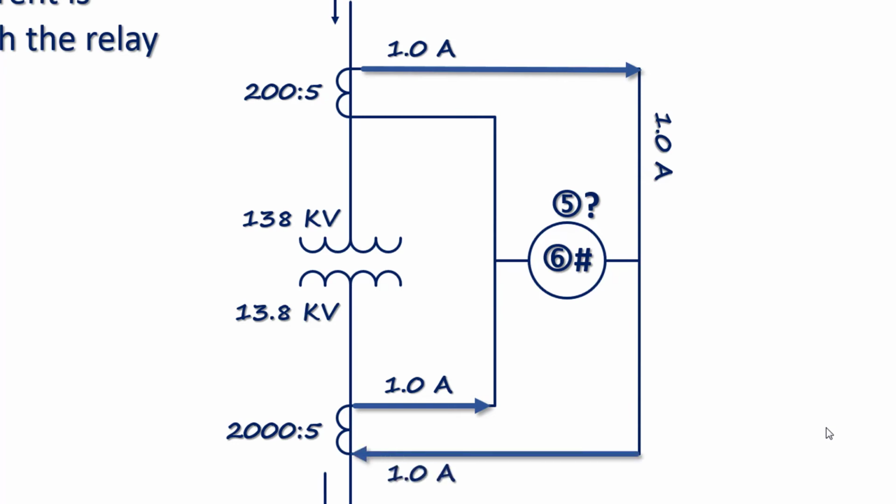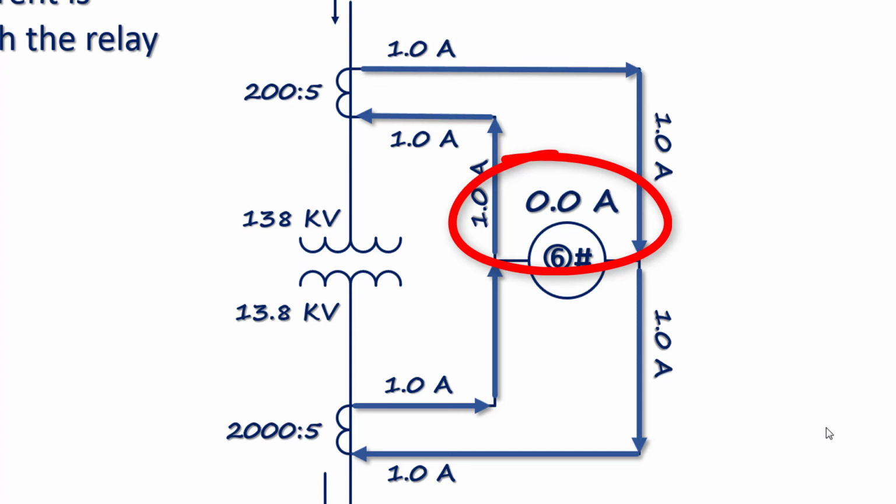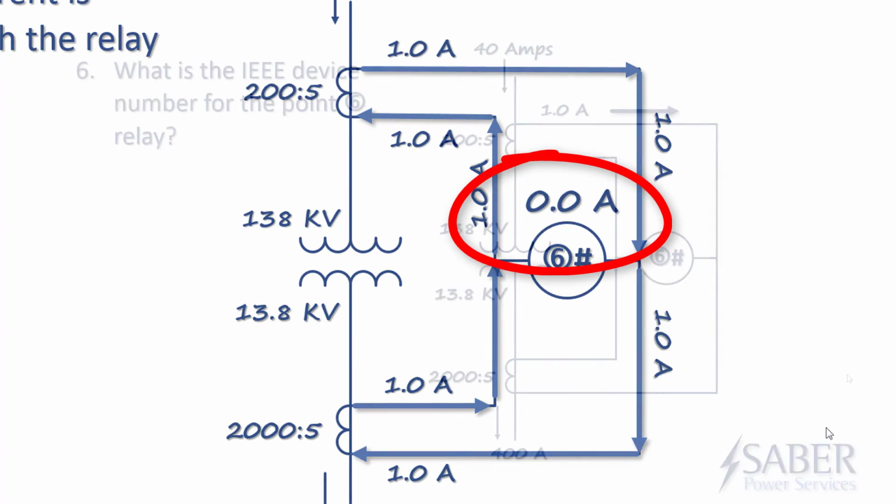Just like this. So now the current travels in this direction, and when it reaches this point, something needs to happen. It's a branch circuit, so some is either going to go through the relay and some go back to the CT, but how much? Well, the CTs are saying, I need 1 amp to return. And so the amp continues on in that path, and then 0 amps flows through the relay itself.